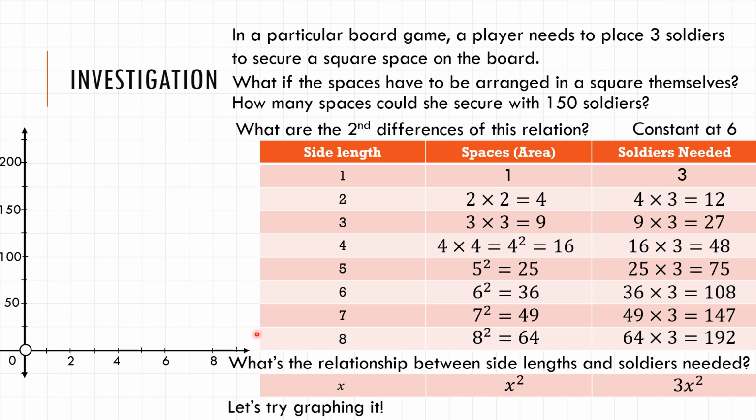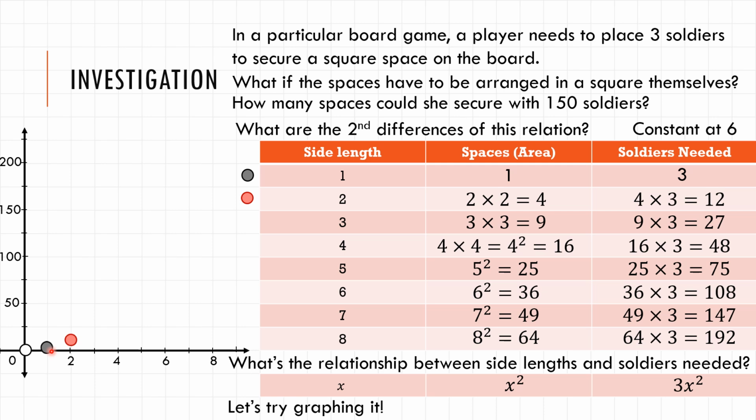Let's start plotting the points that I actually do have. So there's the first one, and this would be 1 on the side length, so it would be right here, and then 3 soldiers needed. So it would be a little bit higher than this. Just a little bit up, but because this is 25, notice 50 and half of that is 25, this point will still be really close to the x-axis. It's not very high up at all. Let's continue. 2 and 12.